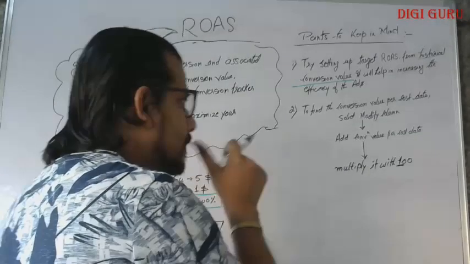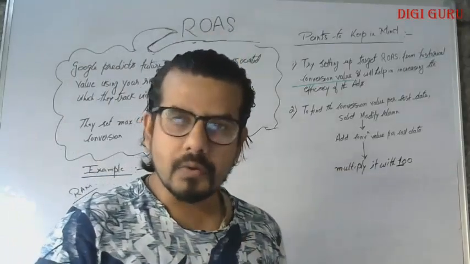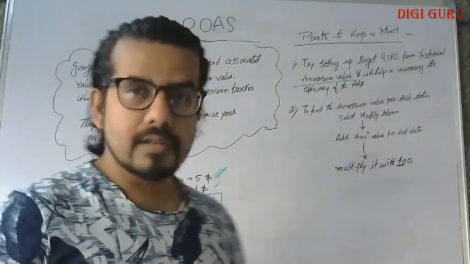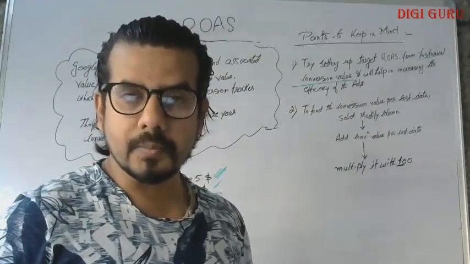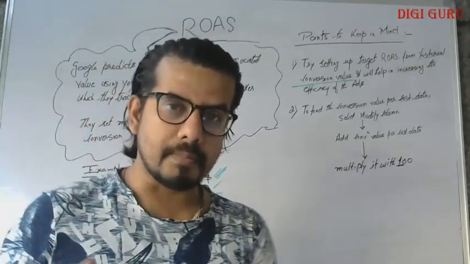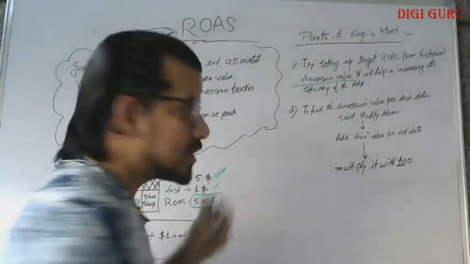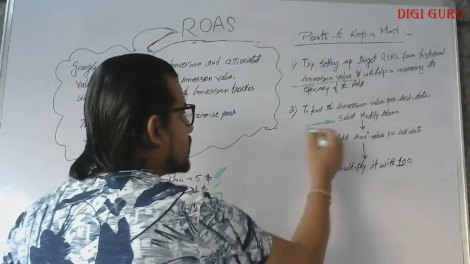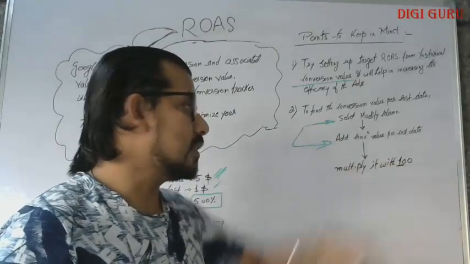Now, suppose earlier also you have made certain ads and you want to take out the conversion value per cost data, which helps you in deciding what the ROAS should be or how the earlier conversions have been happening. You can simply go to the modify columns section, right? In the modify columns section, you can select add conversion value per cost data, right?